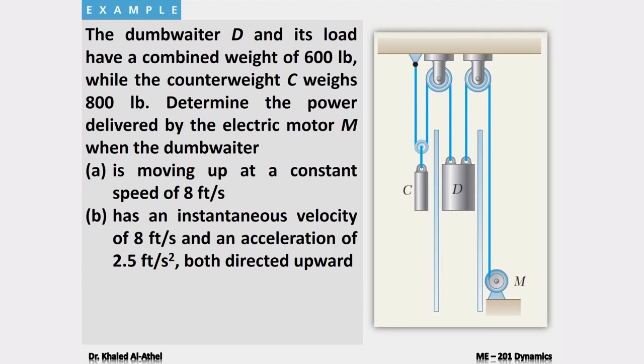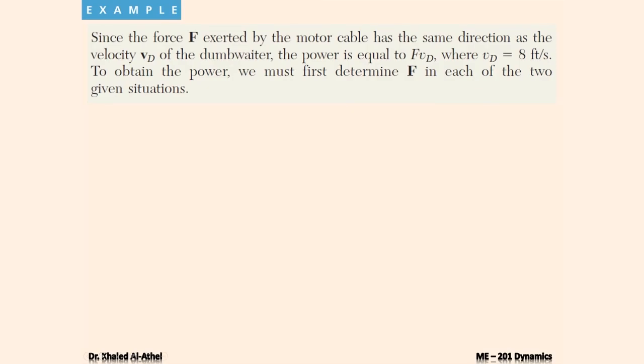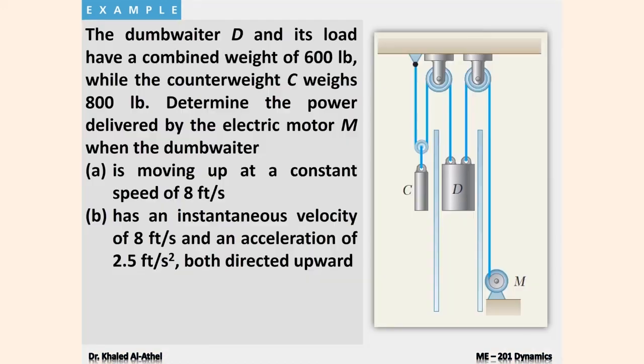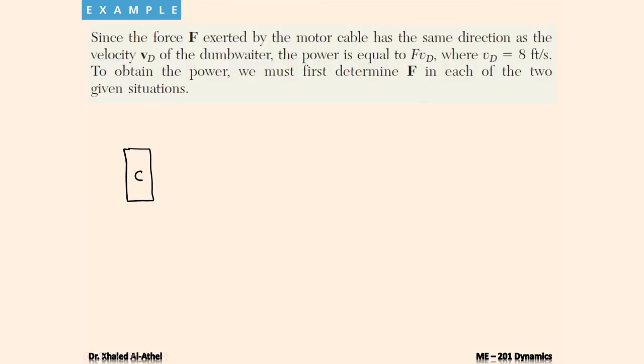But before we do that, let's do the free body diagram of the two blocks, because I'm going to use it for both parts, A and B. So let's start with C. Okay, so this is block C. I have two tensions of the cable, so I'm going to have 2T.